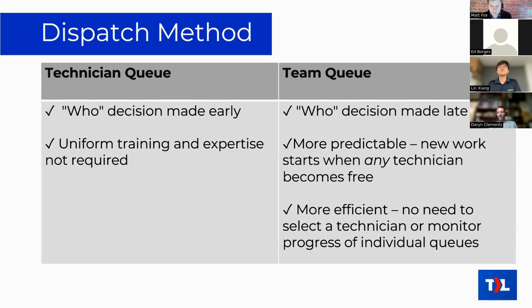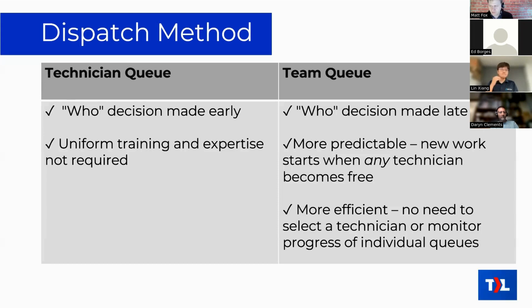One of the benefits of the technician queue is that uniform training and expertise in your team is not required, because a dispatcher can actually look at the nature of each ticket that comes in and say, okay, this is a senior level ticket, so I need to assign it to one of the senior members or somebody who has particular expertise in a certain technology or is more familiar with that particular customer or whatever. There can be a whole variety of reasons that a ticket might go to a particular person. So with a technician queue, that's possible. With a team queue, that's not possible.